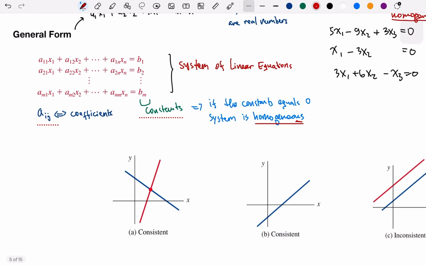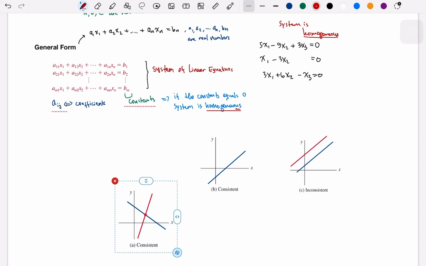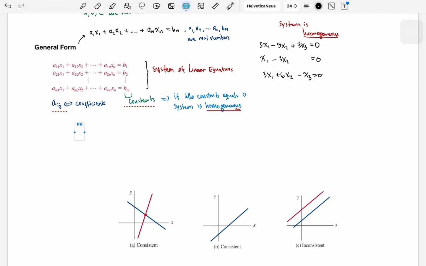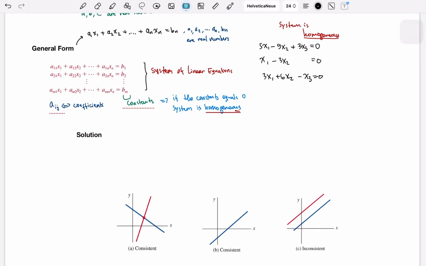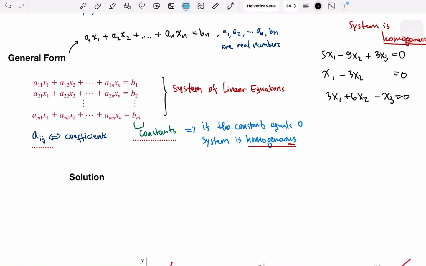Now let me write something first. Of course, if we are discussing the system of linear equations, then we are going to discuss how we build our solution. So what is a solution?